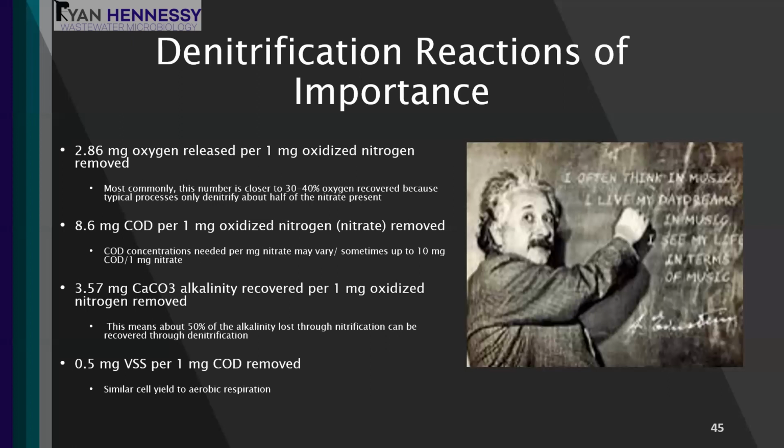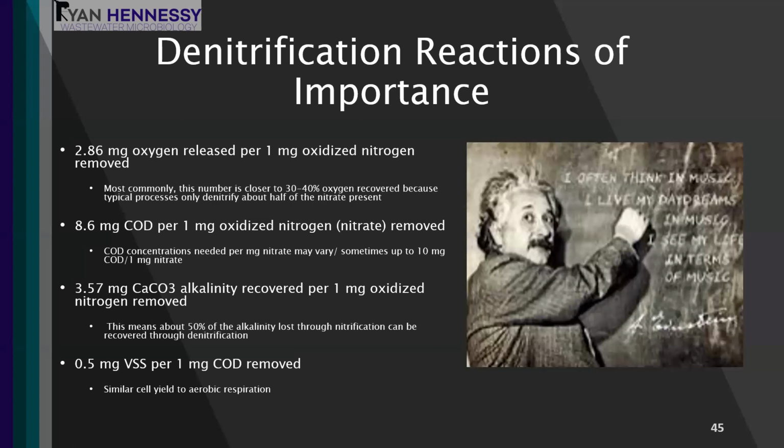We're also going to recover about half of our alkalinity if we can denitrify efficiently. So for plants that have issues with alkalinity, if they can denitrify and recover that, it's going to help them in terms of maintaining alkalinity and pH, and sometimes lowering the cost of supplementation.